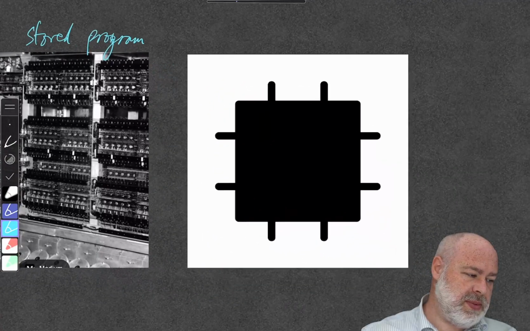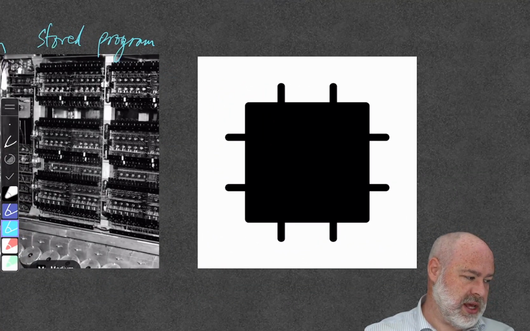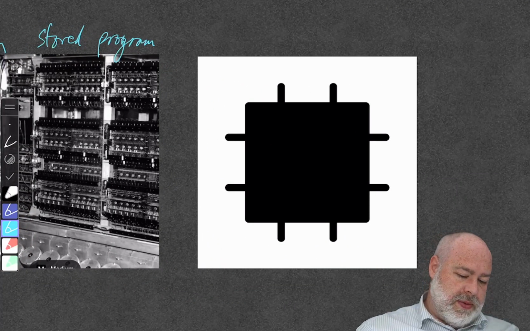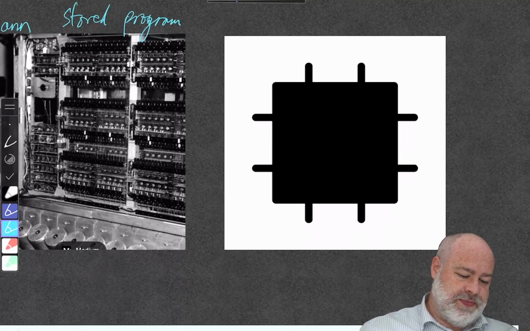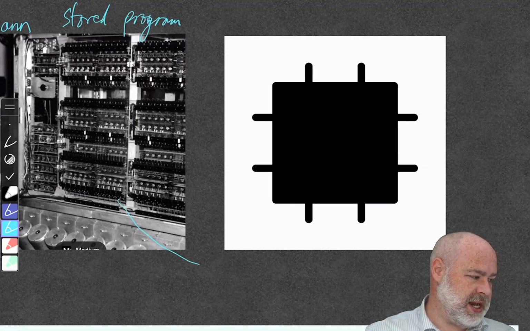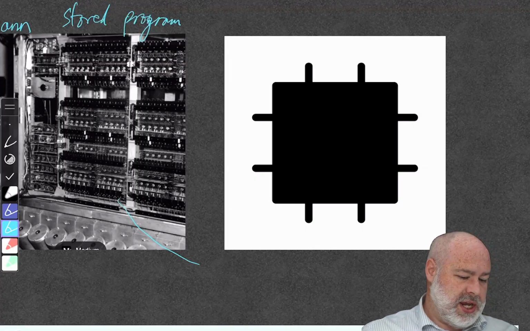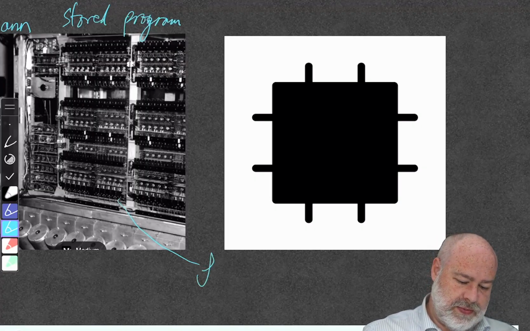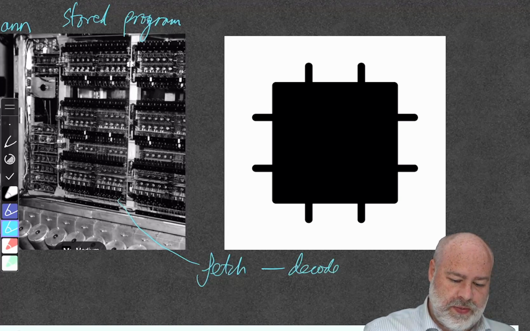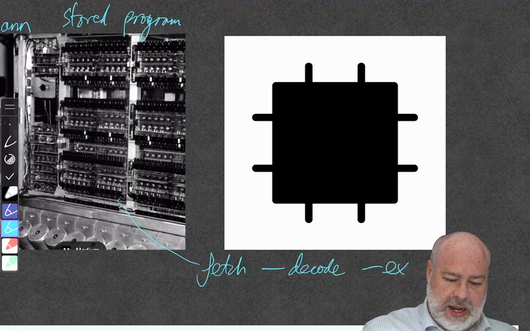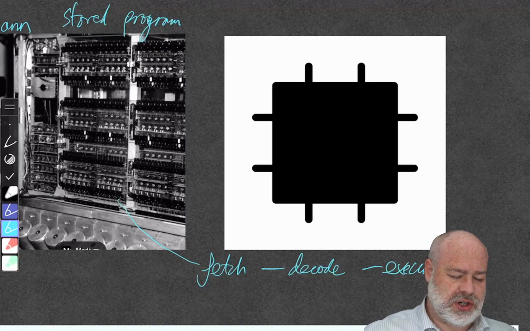Now, the CPU, the central processing unit, and this is based on the sort of von Neumann idea, it will continually fetch, decode, and execute instructions.